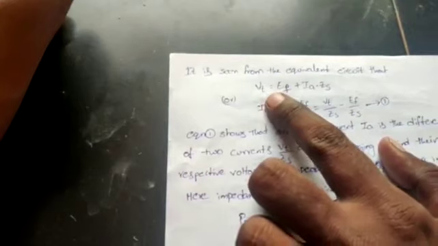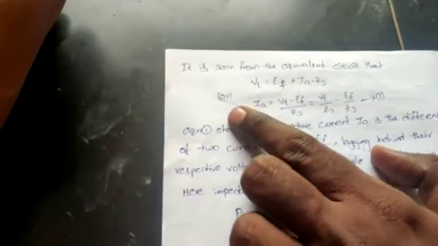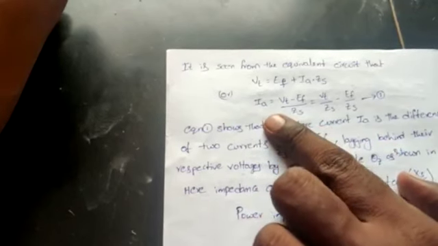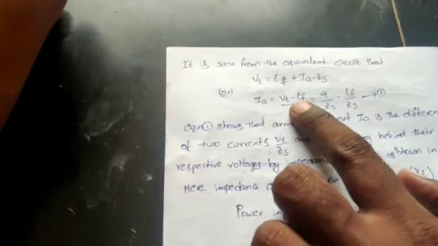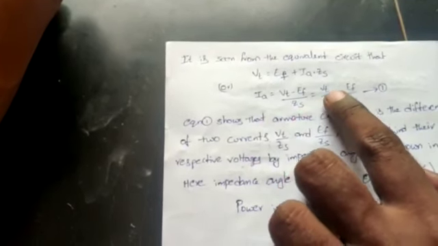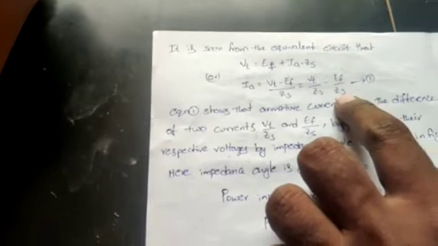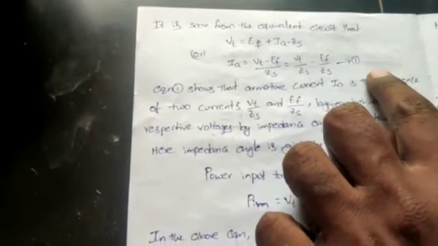From figure A, Vt is equal to Ef plus Ia into Zs, or Ia is equal to Vt minus Ef divided by Zs, which is equal to Vt by Zs minus Ef by Zs. This is equation 1.